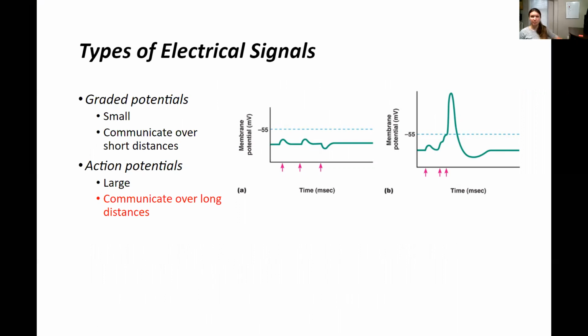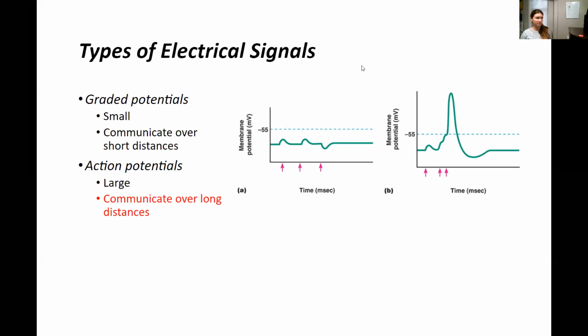So when we're talking about electrical signals, you should keep in mind an electrical signal is going to change the membrane potential. How long it changes the membrane potential for and how much it changes the membrane potential, even what part of the cell the membrane potential is changing in is going to depend on what type of signal we're talking about. But we're always going to see some type of change in that charge inside the cell.